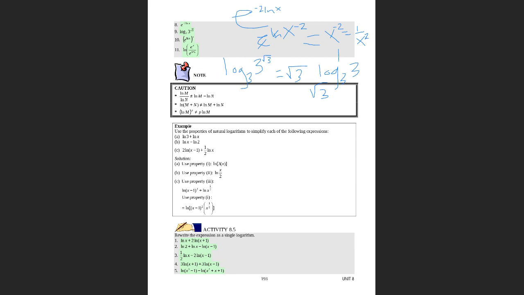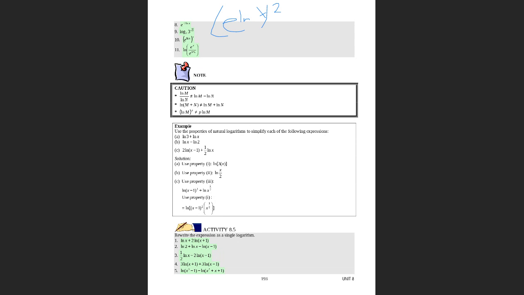Then our next one, we have e exponent ln x, all squared.